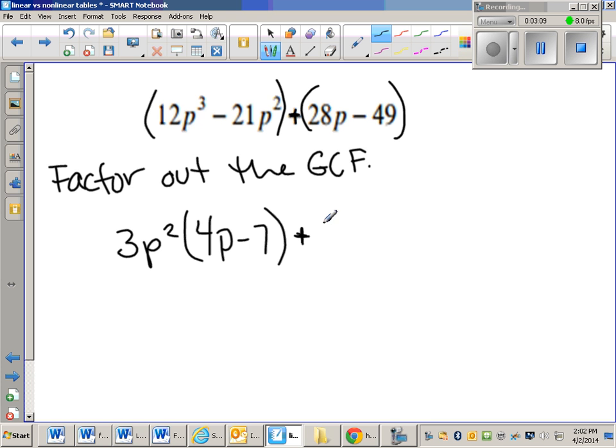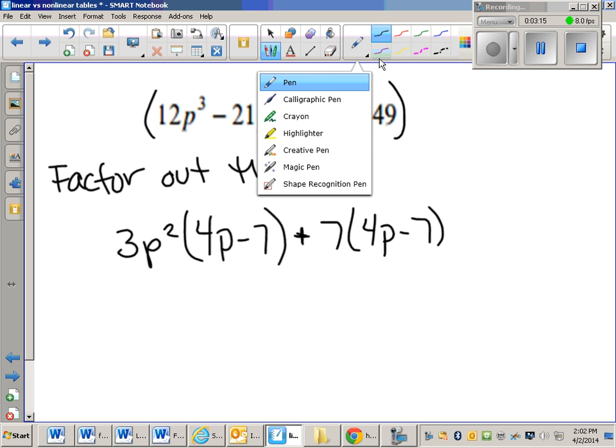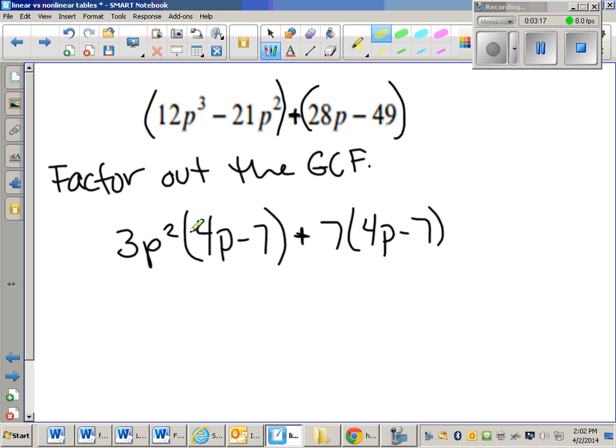So if I factor out a 7, I'm left with 4p minus 7. Now when you're factoring by grouping, if you have factored correctly, something magical should happen. That what's left in this parenthesis should be the exact same as what's left in this parenthesis. If that hasn't happened, you've done something wrong, okay? But when these two are the same, you can almost think of them as factors on their own and factor them out as a greatest common factor.